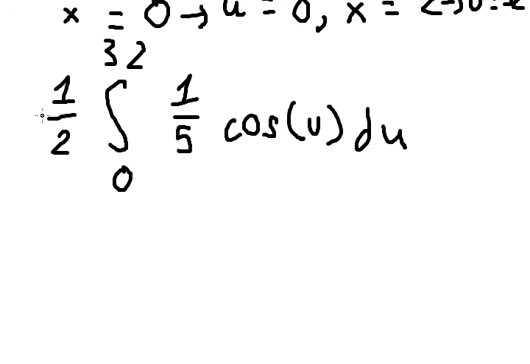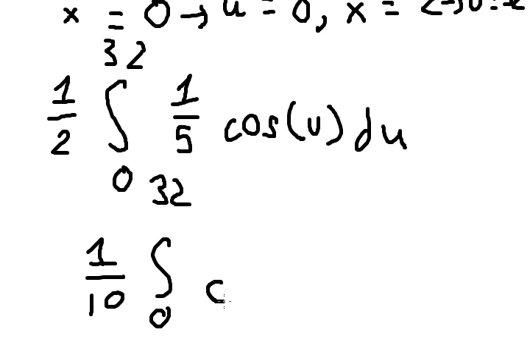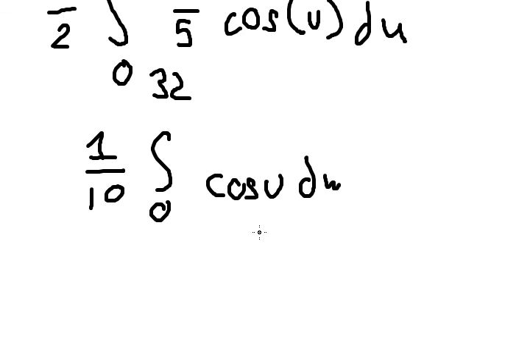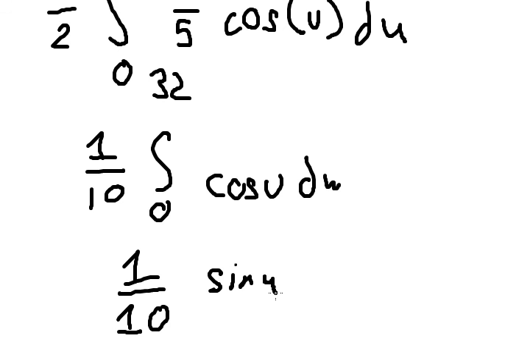One over 5 multiplied by 1 over 2, we have 1 over 10. The integration of cosine u, we will have sine u. And we put the bounds from 0 to 32.